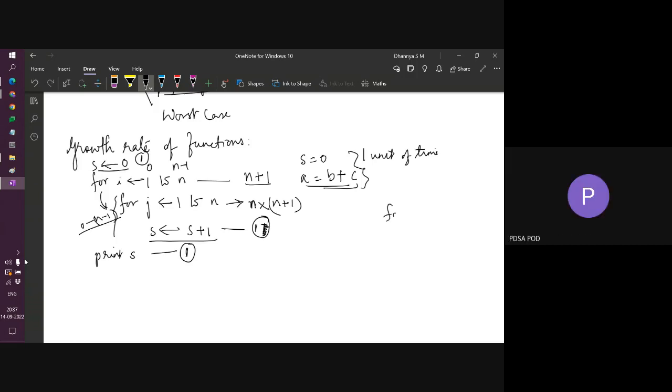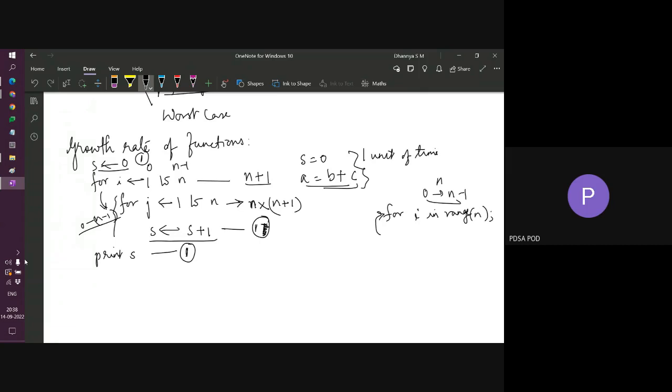See, how do you write a for loop in Python? For i in range of n. Madam, it will go only to n minus 1, right? Correct, the range is from 0 to n minus 1, right? So that is n. But you can check on the internet how the for loop is implemented in Python.